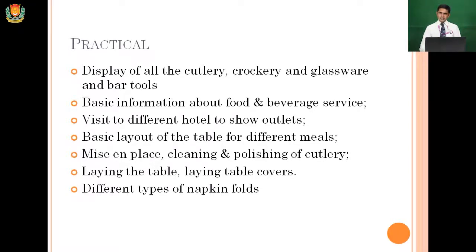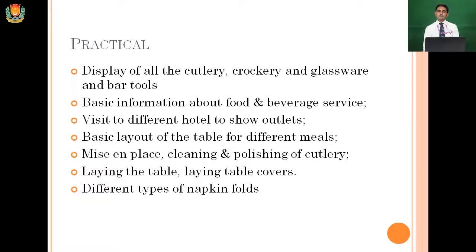I'll display in the restaurant. I'll tell you what is the size of this plate, different types of crockery sizes, glassware sizes, cutlery name and the purpose and the use of that particular cutlery. Each and everything I'll tell you.